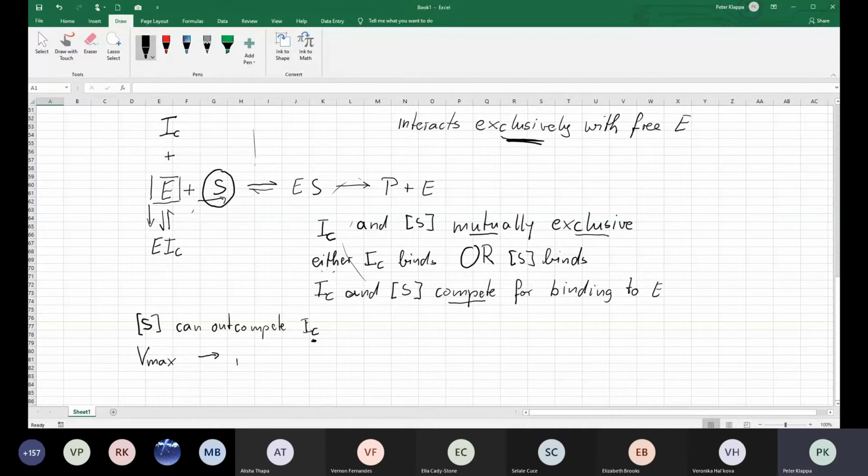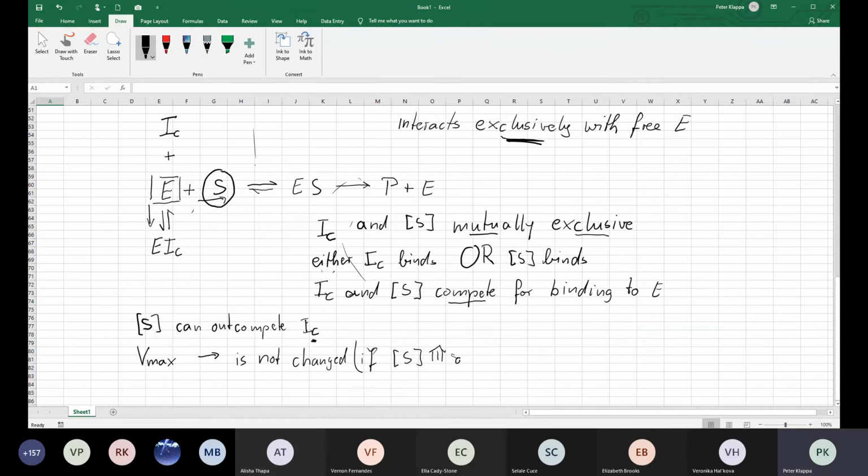Vmax is not changed if the substrate concentration is incredibly high.